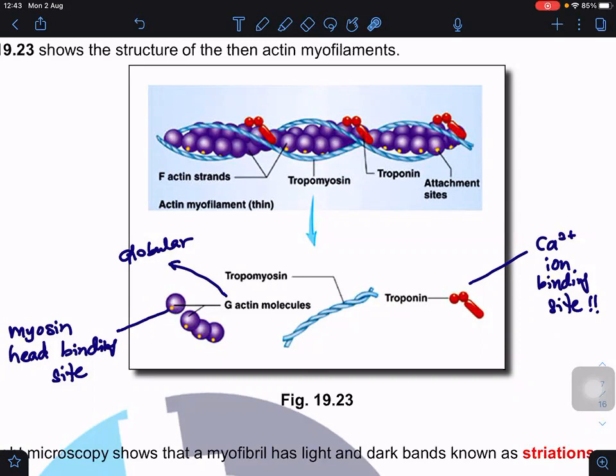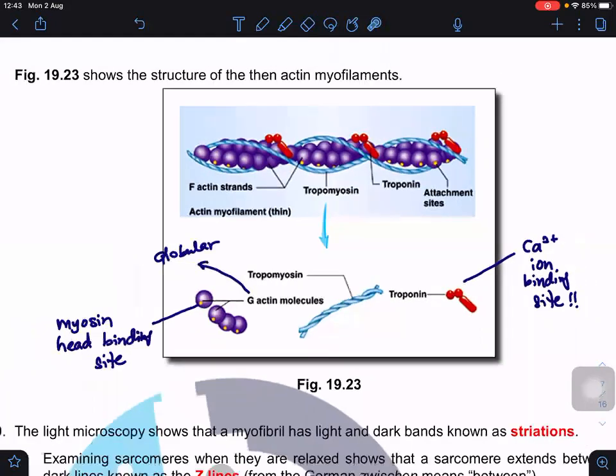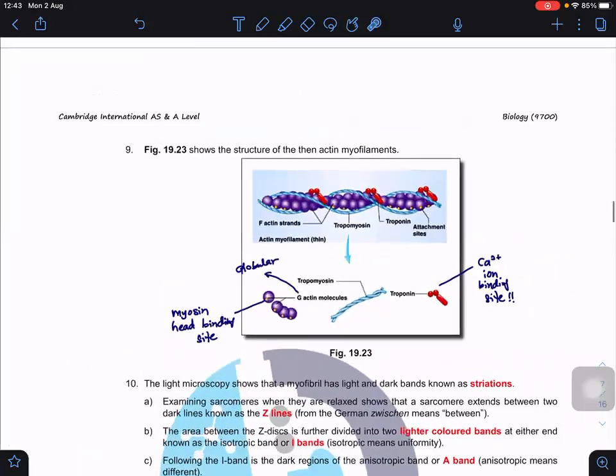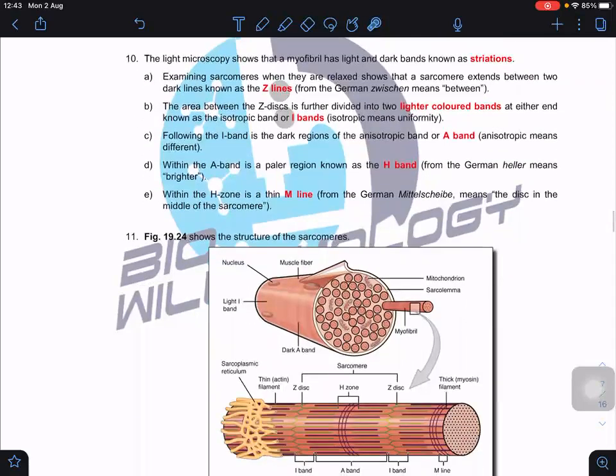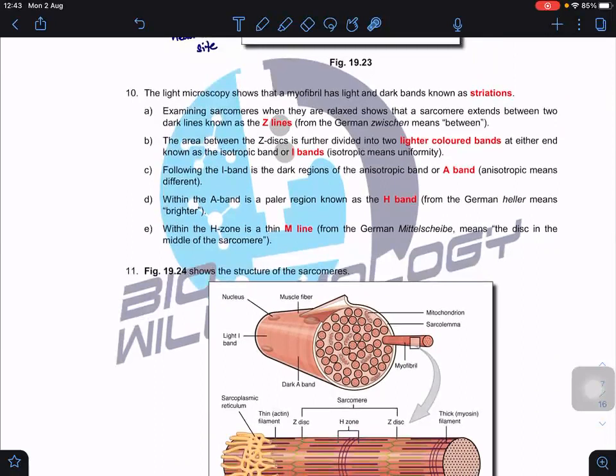So how do we arrange these actin and myosin filaments? They are arranged in a structure known as the sarcomere. If you look at it under the light microscope, the myofiber has light and dark bands known as striations.